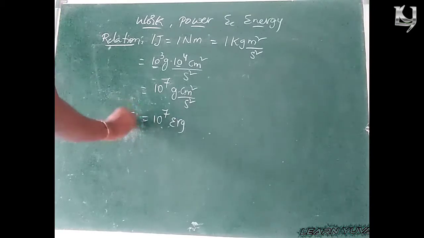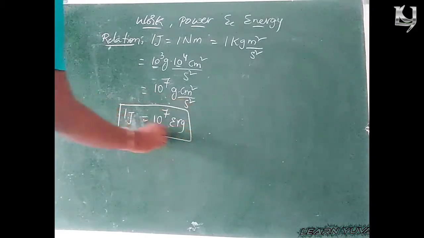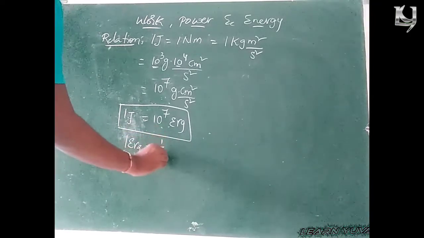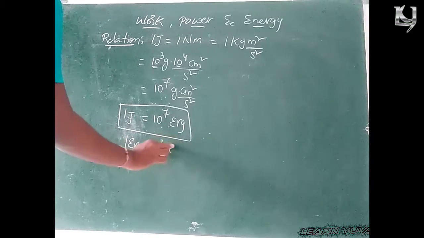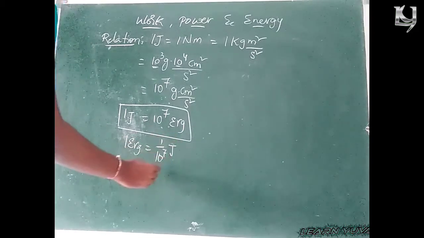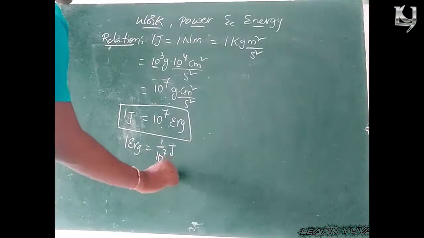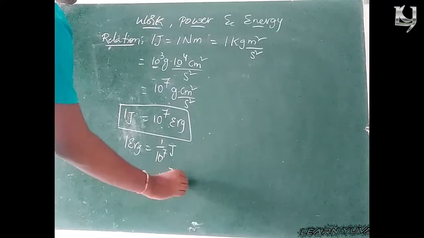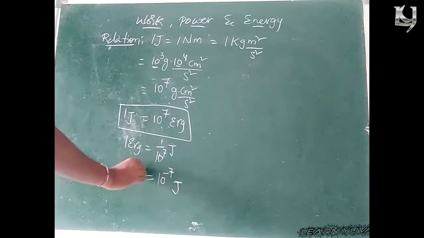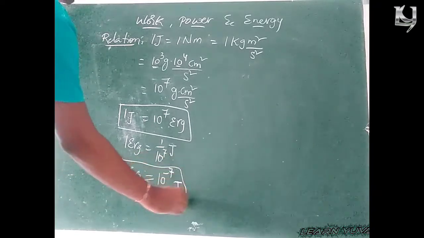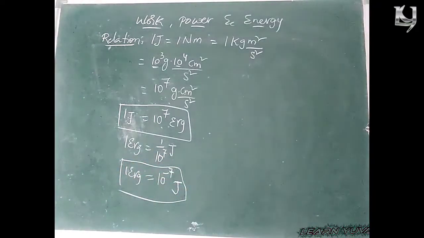So 1 joule is equal to 10 power 7 erg, and reverse, 1 erg is equal to 1 by 10 power 7 joules, which is 10 power minus 7 joules. Right?